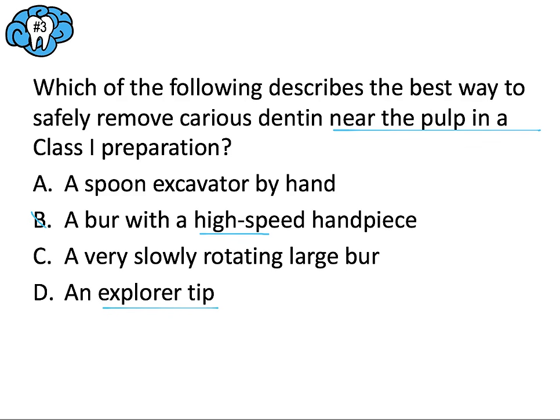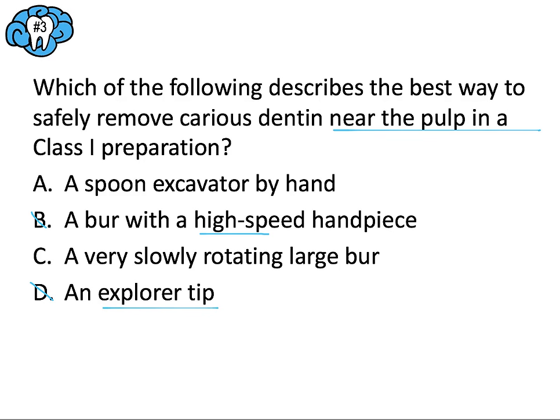So that leaves us with a spoon excavator and a slowly rotating large burr. The spoon excavator is good for removing soft, infected dentin, but you might struggle with affected dentin, which would require firm pressure to remove, and you could again poke through to the pulp if you're using that firm pressure.